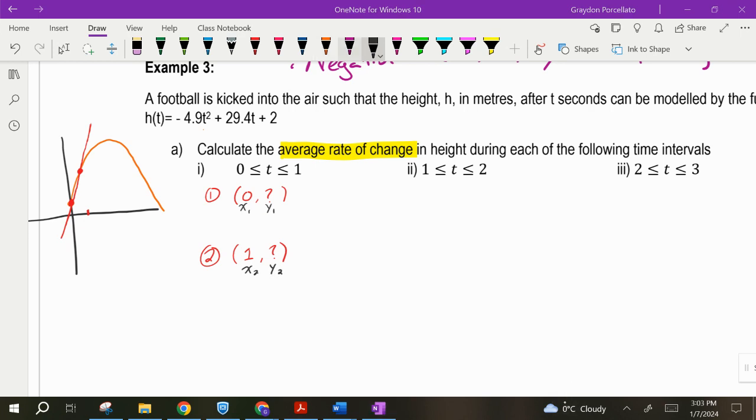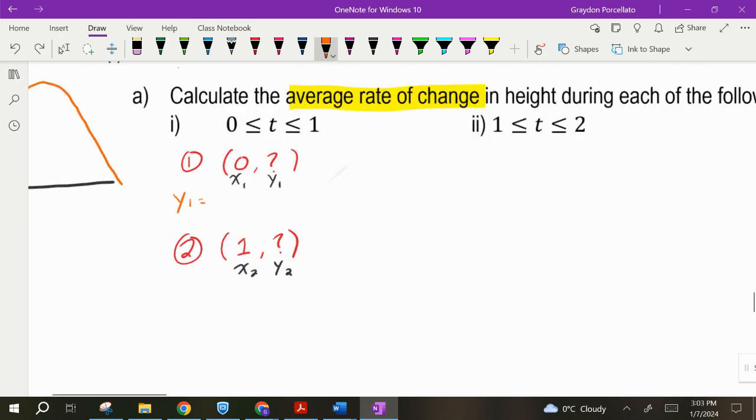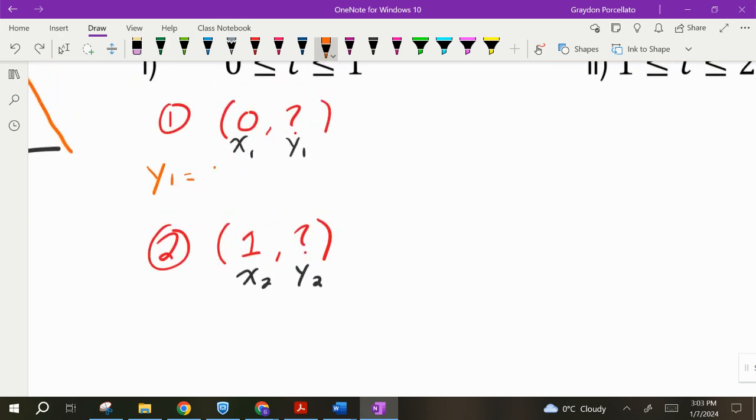In order for me to determine y1, I'm going to zoom in here and sub in f of x1 into my formula.